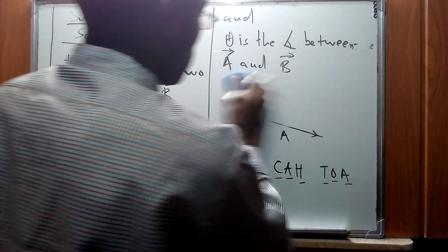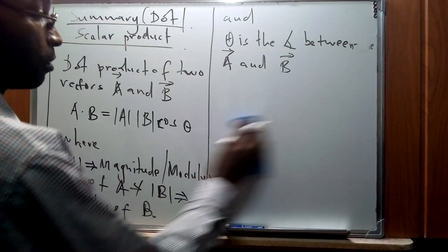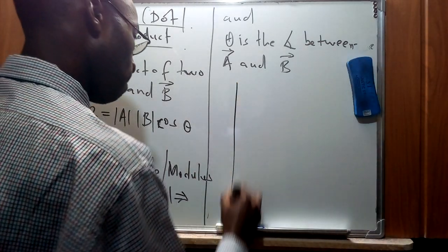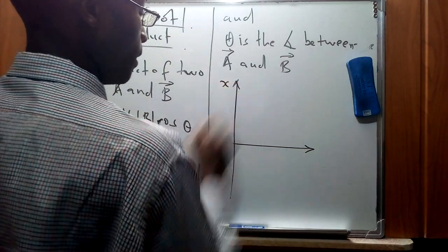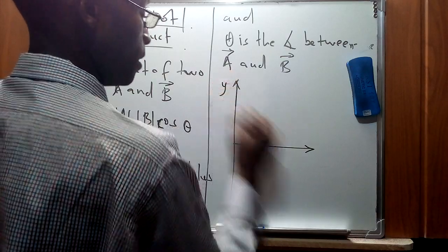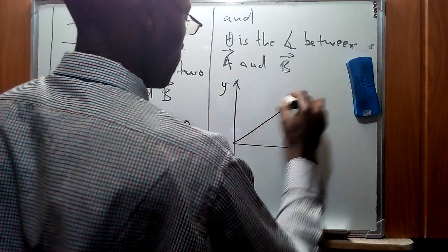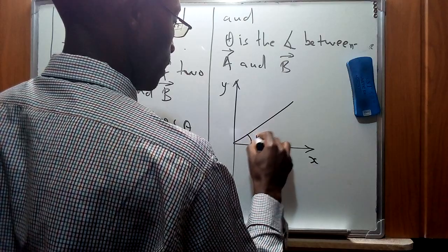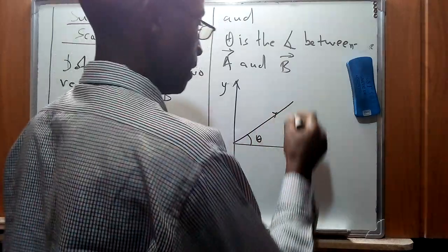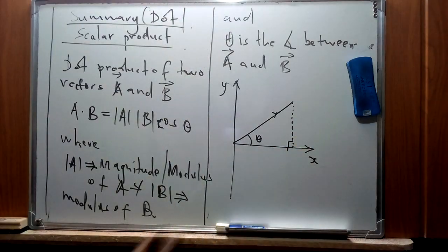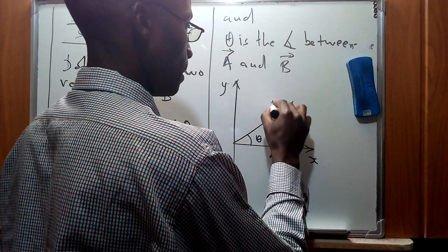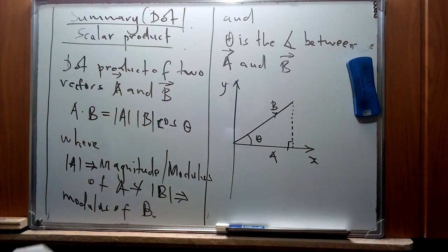Now, suppose we have a specific illustration that I'm going to give. This is the y axis, and this is the x axis, and then there's a vector that is going out that way at an angle theta. And we try to make a right triangle from that specific point, and this is vector A, B. Therefore, from this one, we can represent it using Pythagoras theorem.